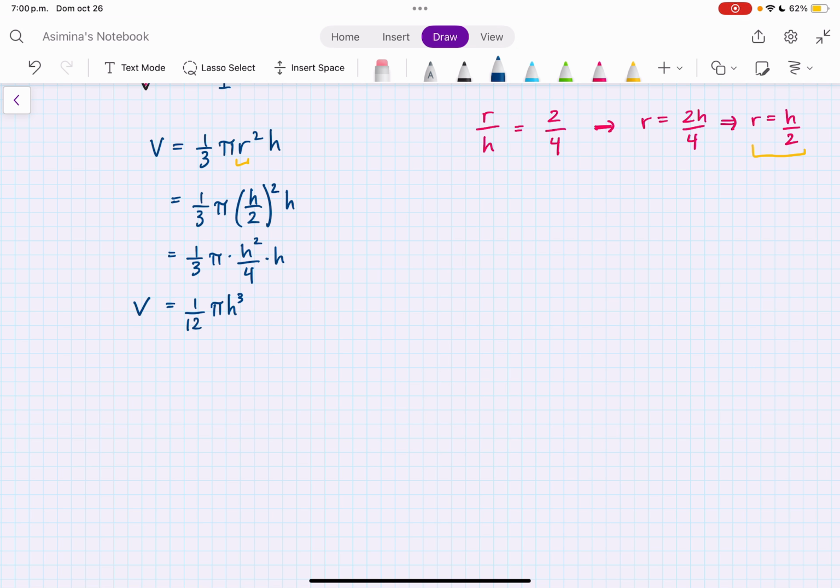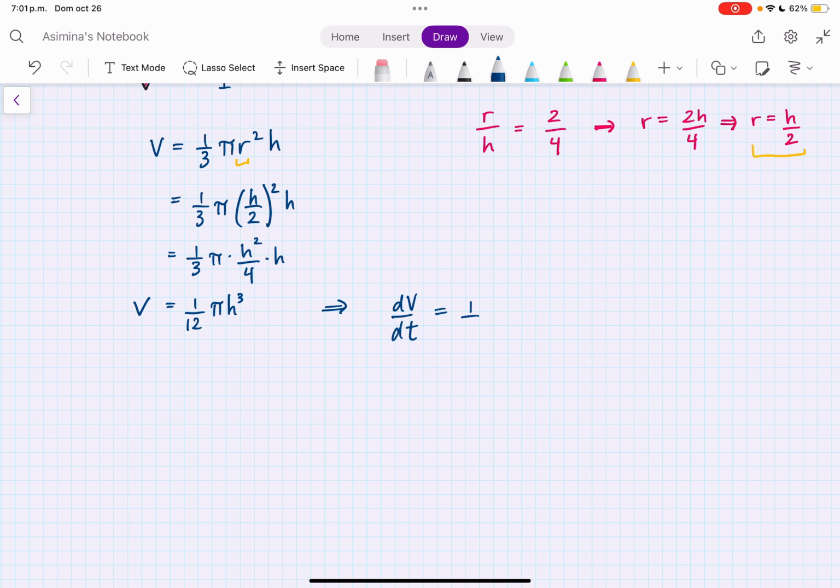Again, this is the volume. So now we want to differentiate both sides with respect to t. The left-hand side becomes dV/dt. And now I can treat the 1/12 pi as a constant because it is a constant, and I take the derivative of h cubed.